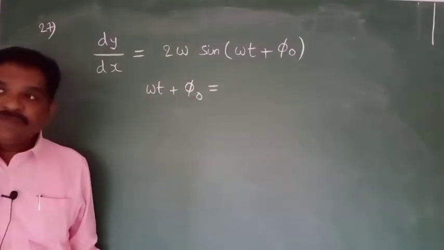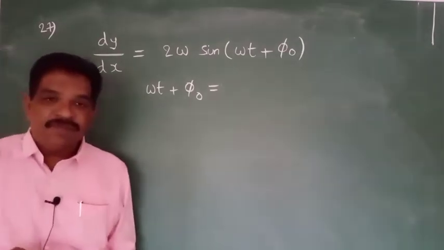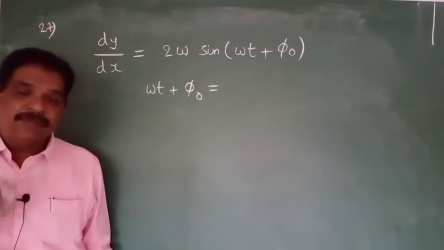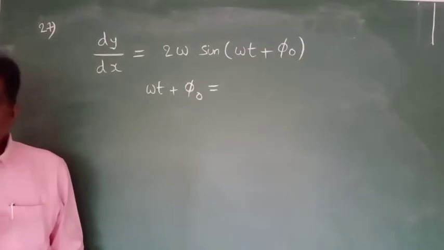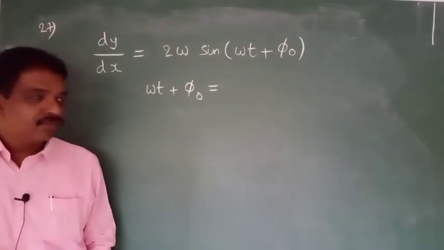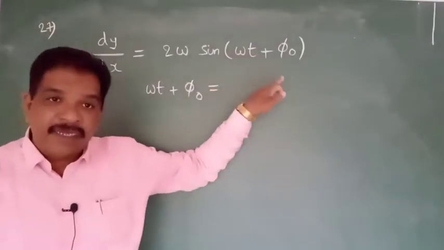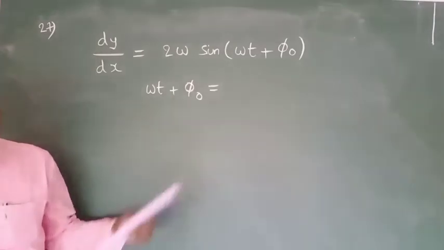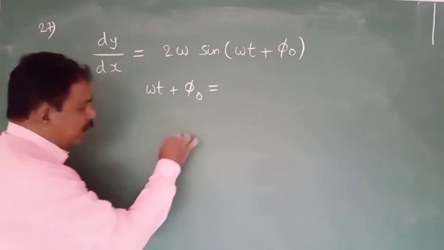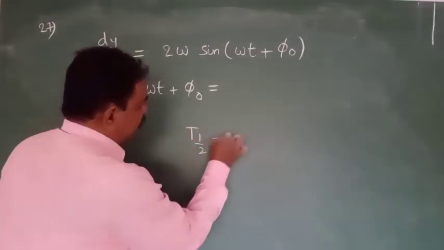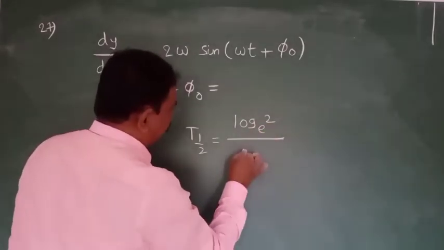What you have to understand is that trigonometric functions, logarithmic functions, and exponential functions don't have any dimensions. So sine of this entire term will be dimensionless. For example, half-life period is equal to log 2 base e by lambda.